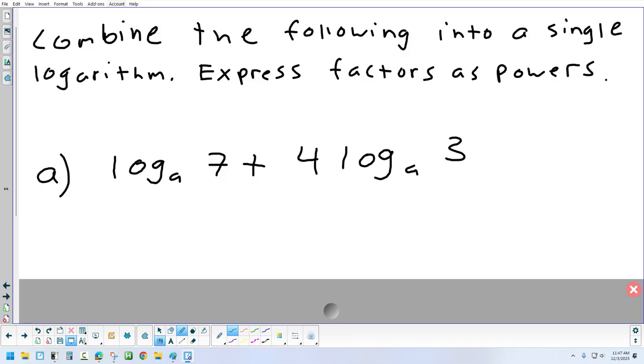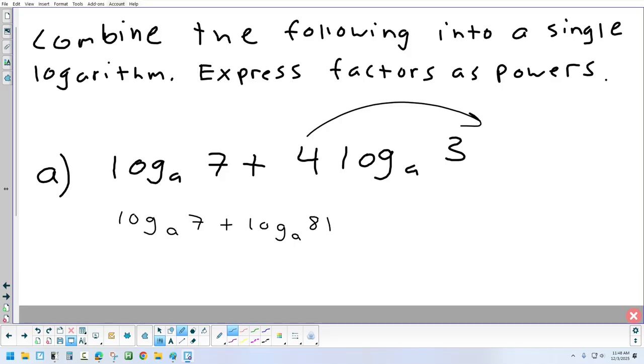Just the first step: you do 3 to the 4th power. Right, we're going to take the 4 and put it back as an exponent. So log base a of 7 plus log base a, and what's 3 to the 4th power? 81. Yep.